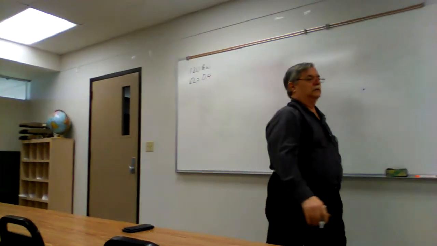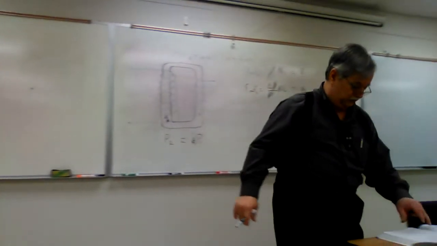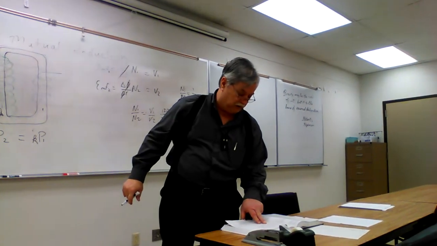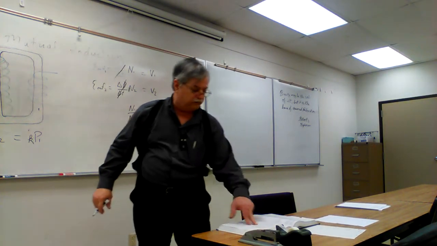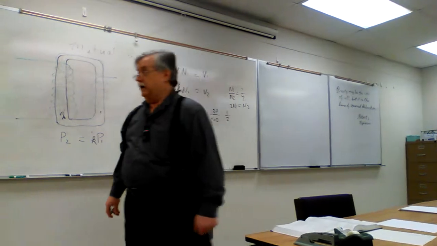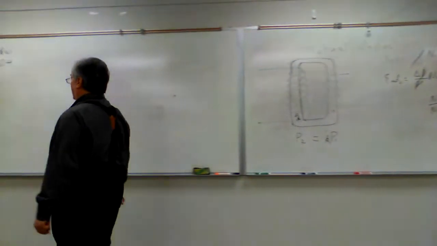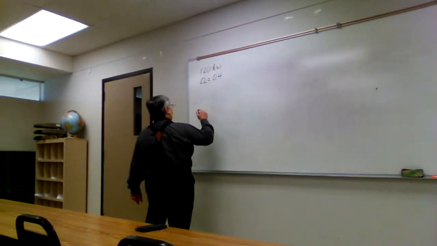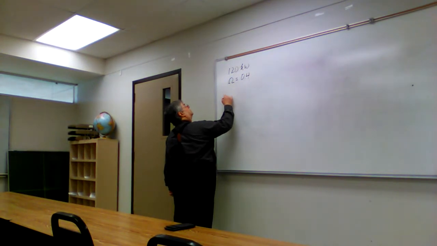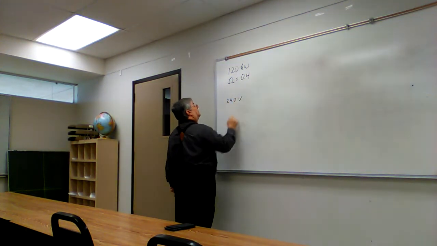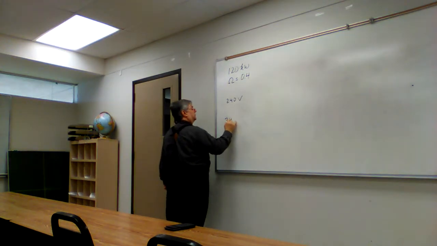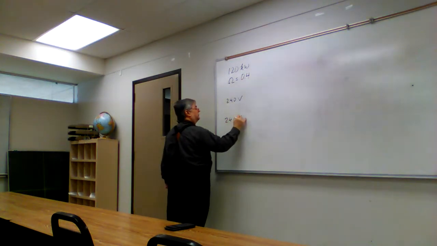Is that right? I'm on page 603 now, example 21.11. Yeah, 0.4 ohms. Now, how much power would be lost if we transmitted this at 240 volts? And then how much would be lost if we transmitted it at 24,000 volts?